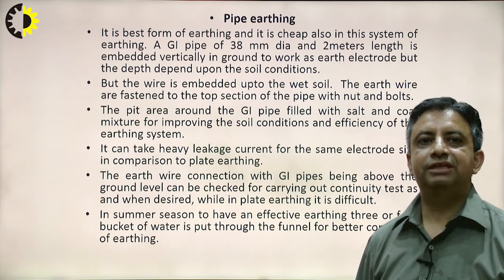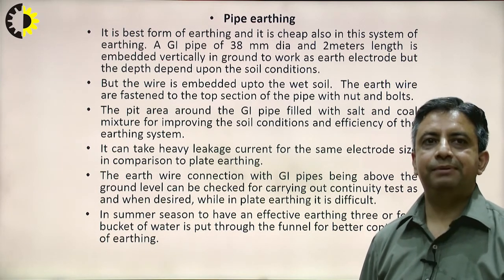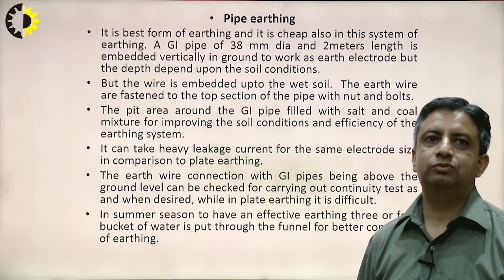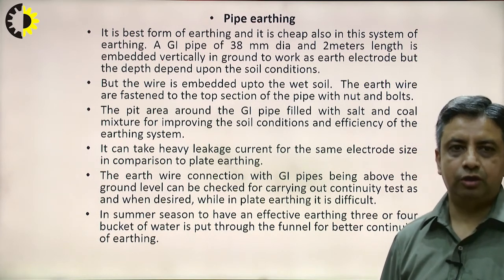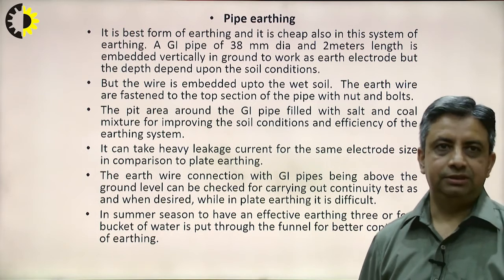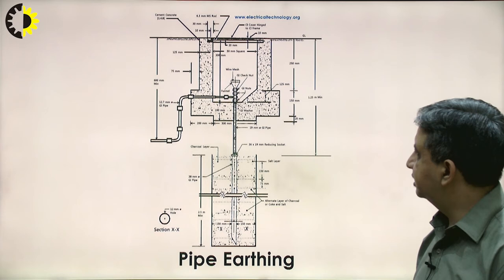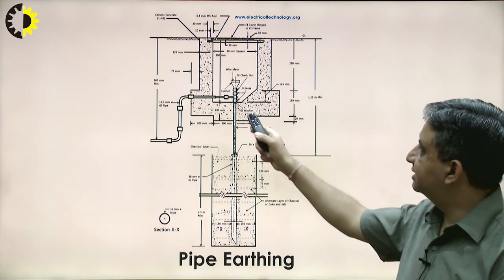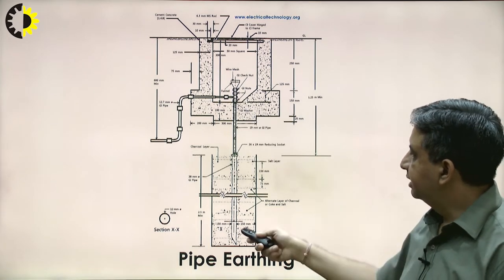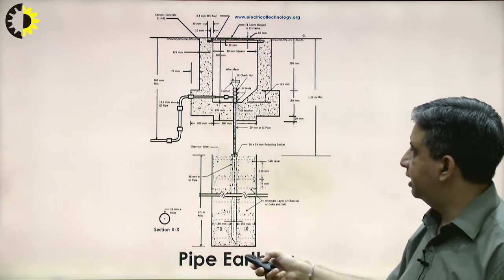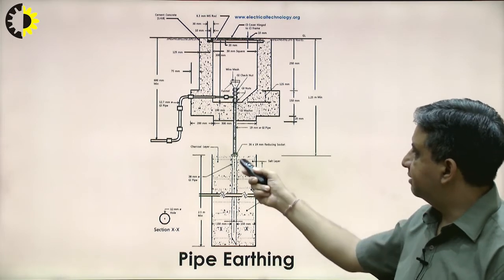Because of this particular reason, this pipe earthing, as it is cheap also and quite effective, is generally used for household purposes also. If you see the figure, the only thing is that in the plate earthing, the plate is replaced by this pipe, and this is a perforated pipe.